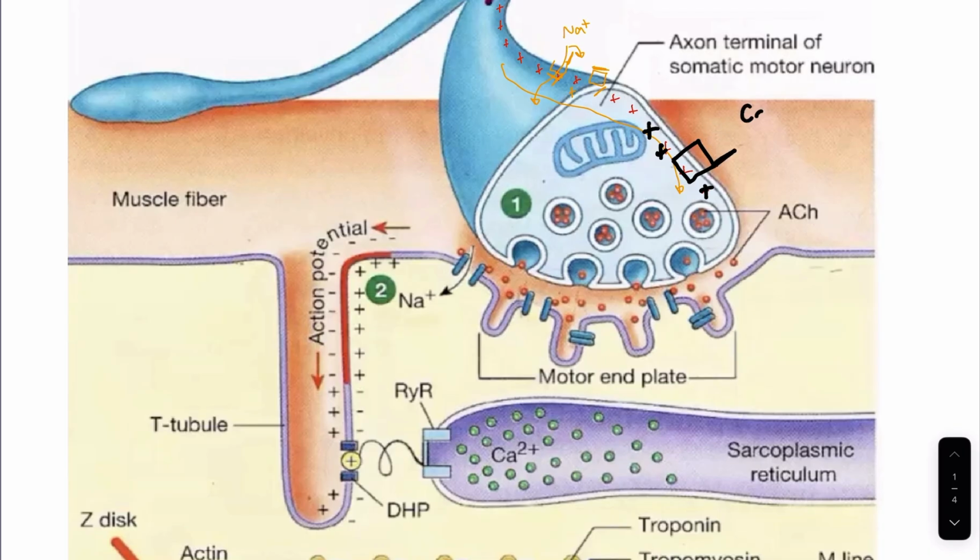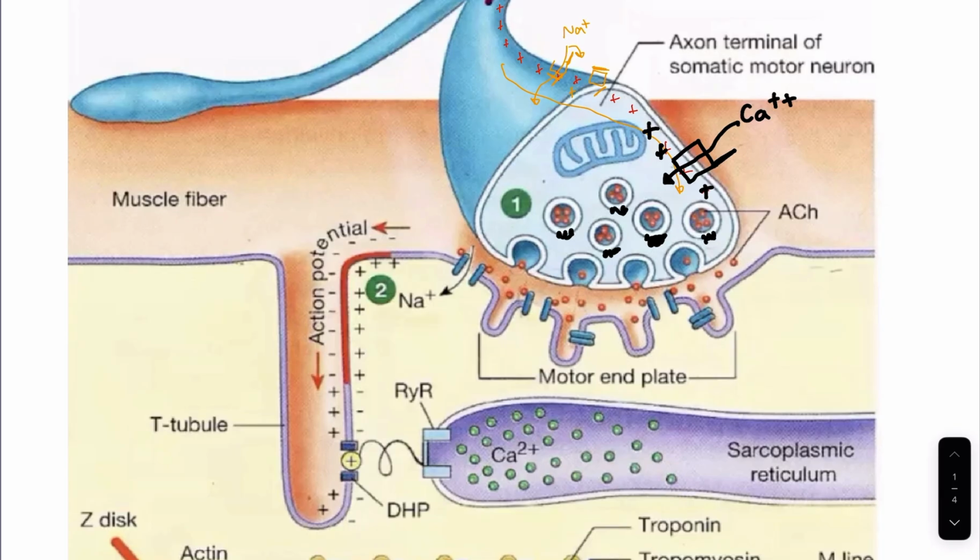And calcium, which is actively pumped out of the cell, will move in following both a concentration gradient and a charge gradient. And it can bind to proteins that sit on these little vesicles on the axon terminal region of this motor neuron.